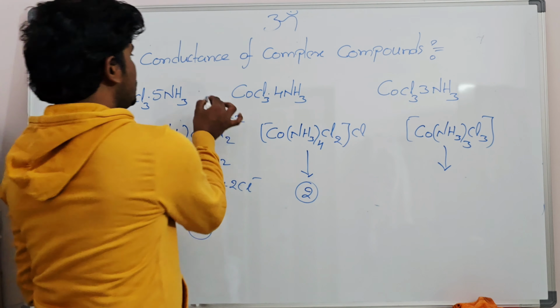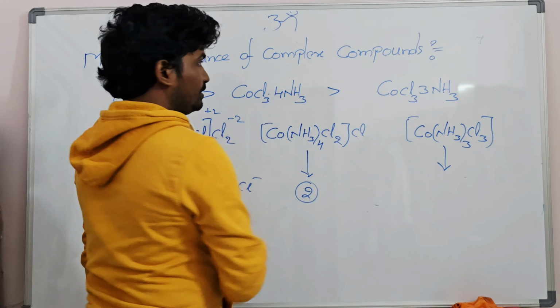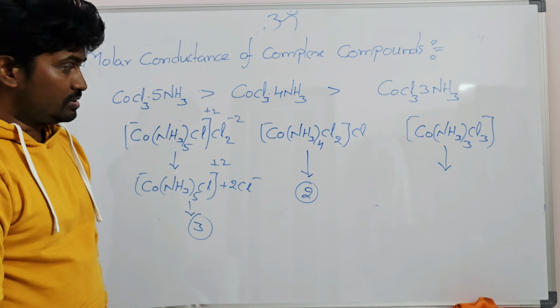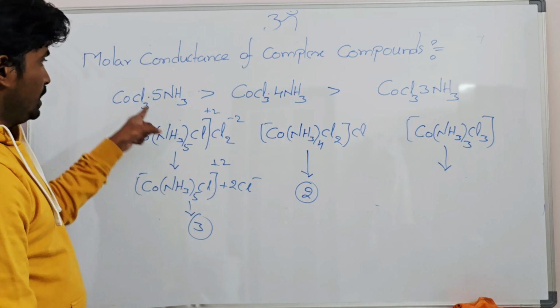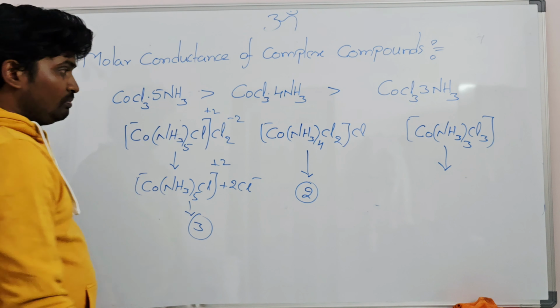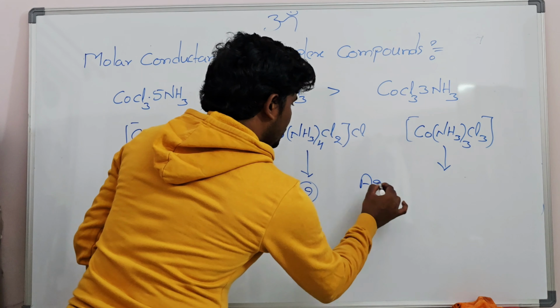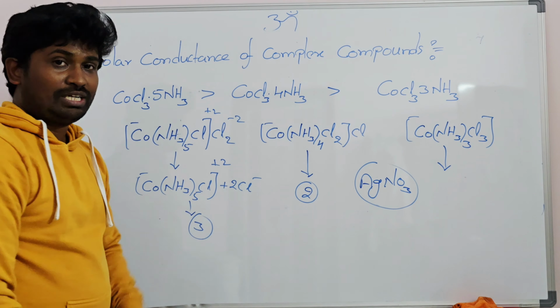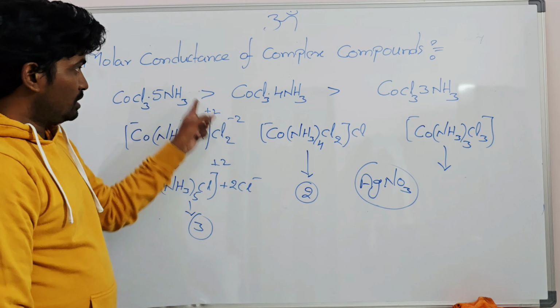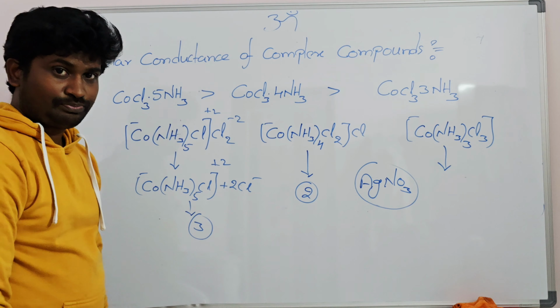So the molar conductance decreasing order is like this. And one more point I told you previously: the reaction with silver nitrate, that expression, that way of representation is also important.